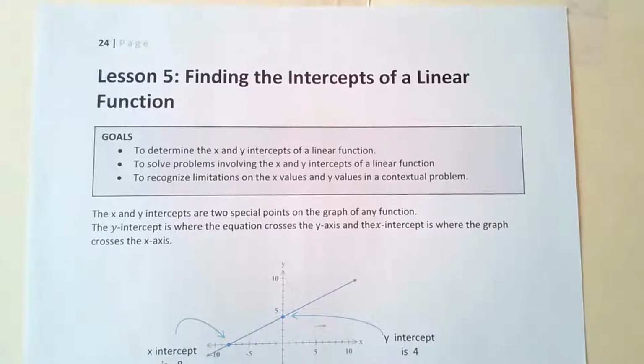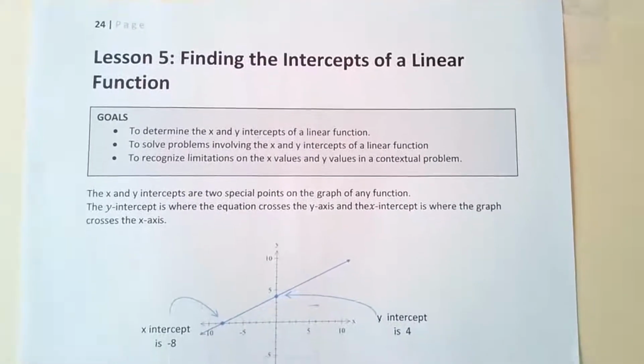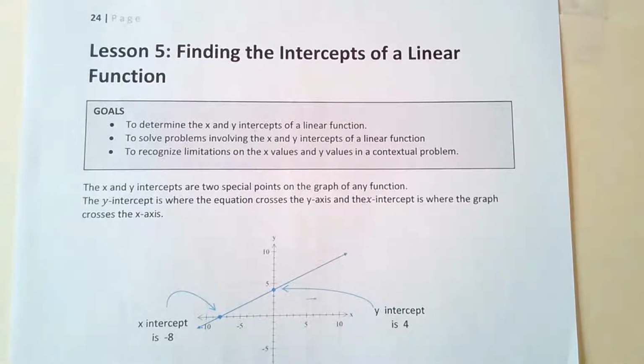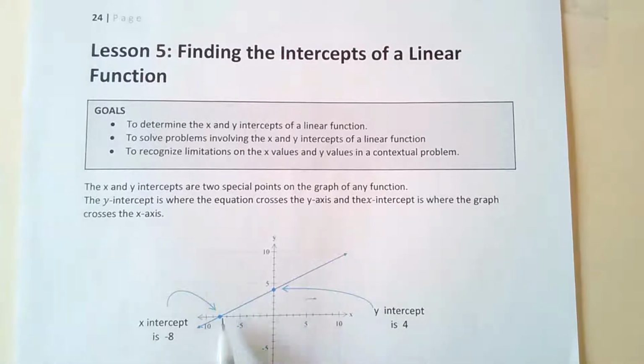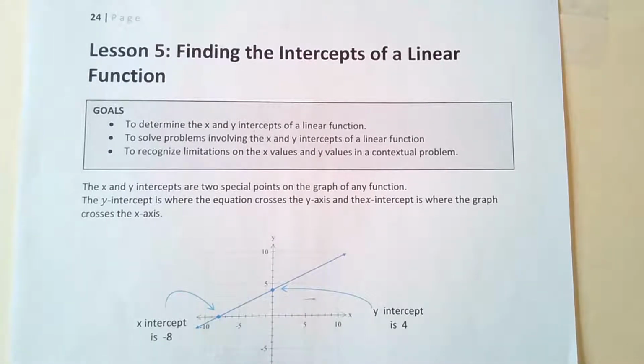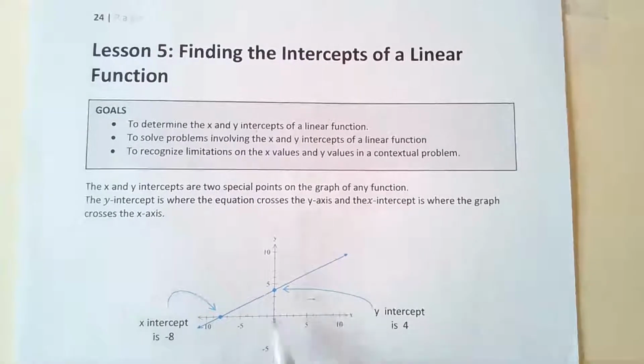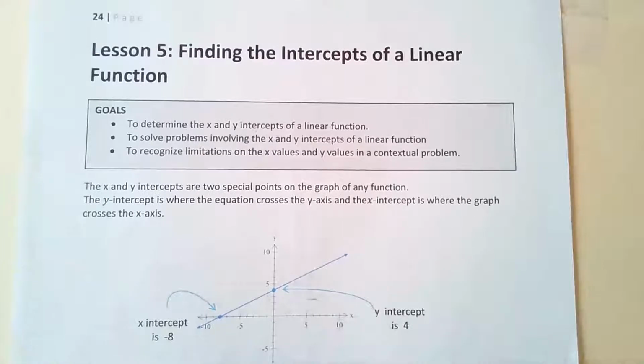But more specifically, it's a straight line that could have an x-intercept, a y-intercept, or no intercept, in the sense that there's no x and y intercept together. There might be just one intercept.